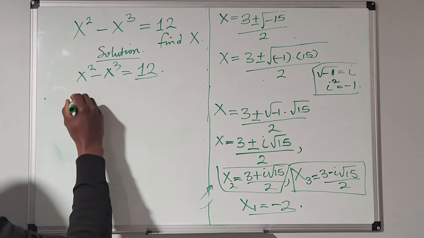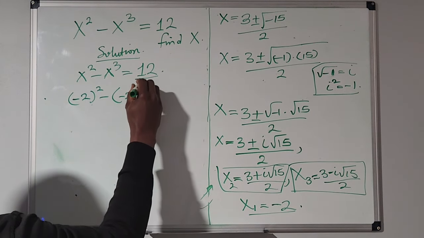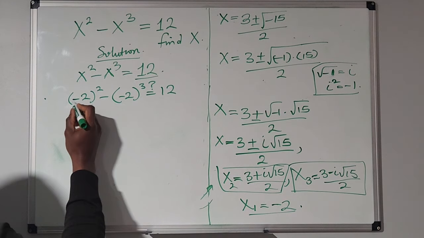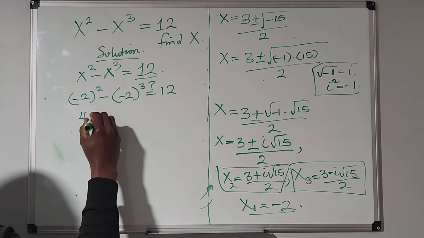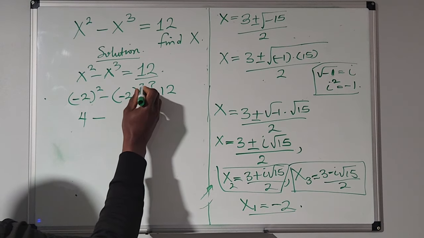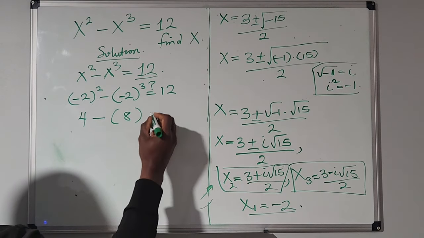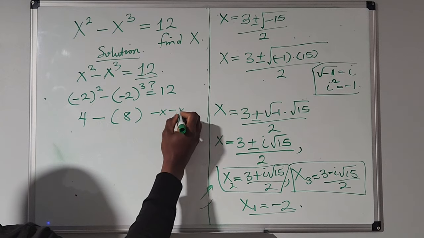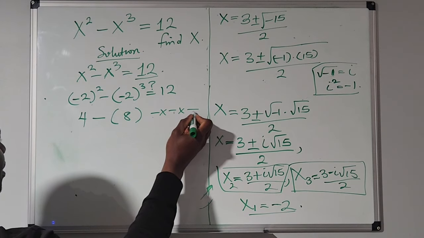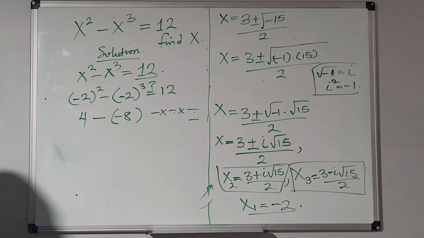So we have minus 2 squared minus minus 2 cubed equals 12. Okay? Minus 2 squared is 4 minus, minus 2 cubed: 2 times 2 times 2 is 8. Minus times minus times minus: minus times minus is plus. Plus times minus gives us minus. So we have minus on there.